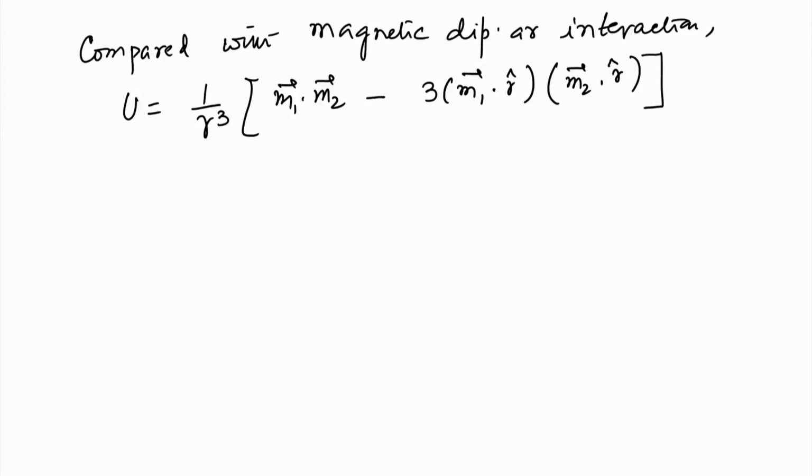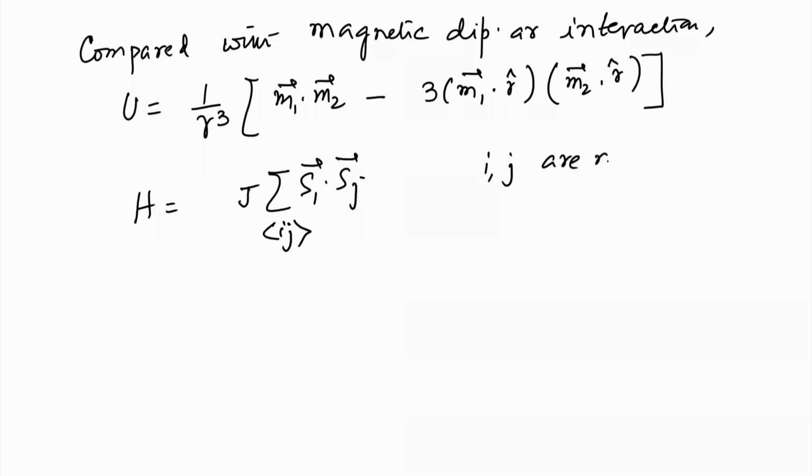Now, this H written as J Si dot Sj has a large number of approximations that are going on, namely i, j are nearest neighbors. One does not have to be; one can include interactions longer than nearest neighbor, that is next to nearest neighbor interactions as well.